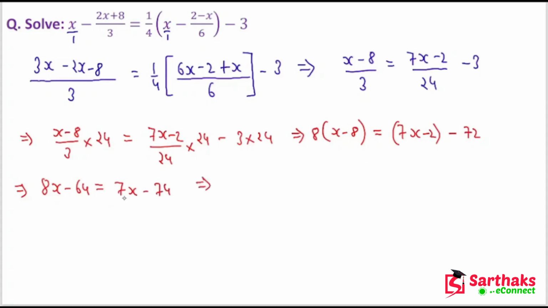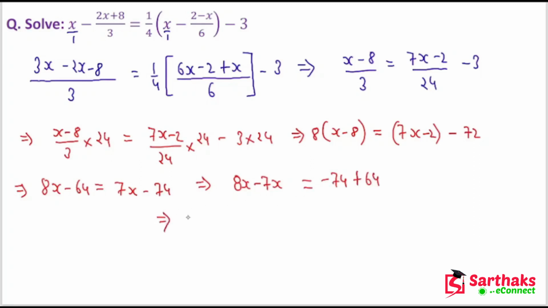Now we can transpose this 7x from RHS to LHS, and we would receive minus 7x. Similarly, we can take this minus 64 from LHS to RHS and we'll get plus 64. So it is minus 74 plus 64.